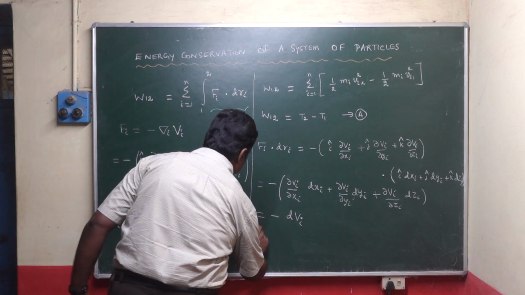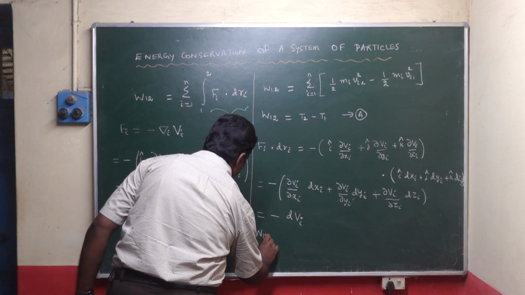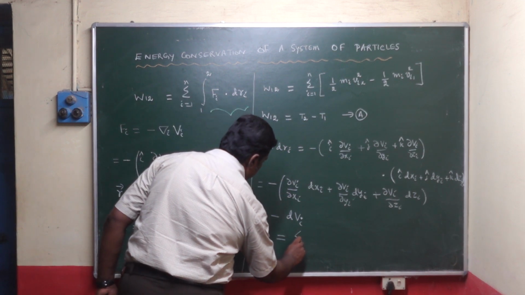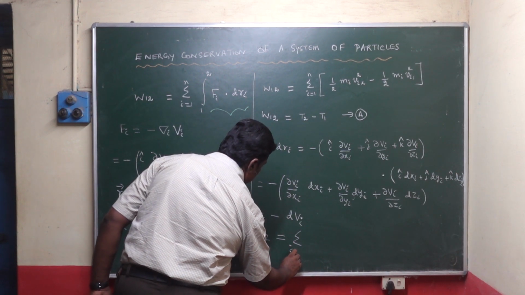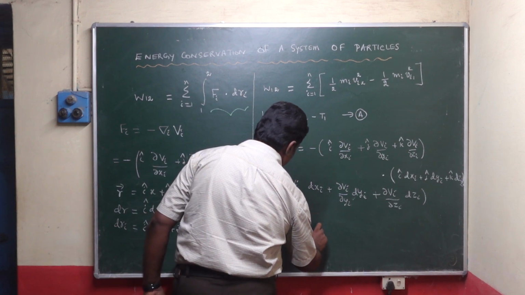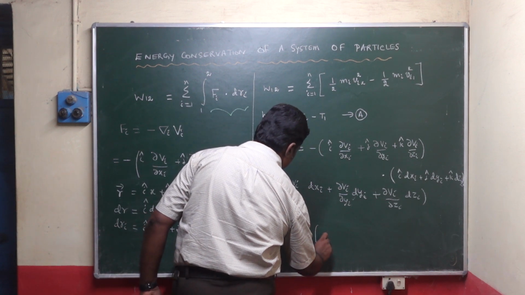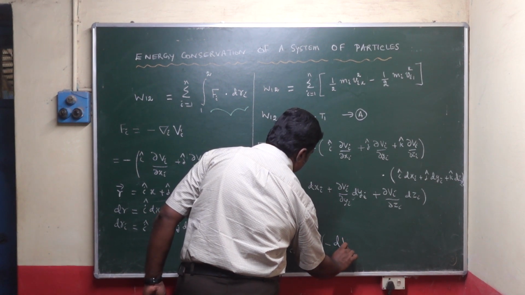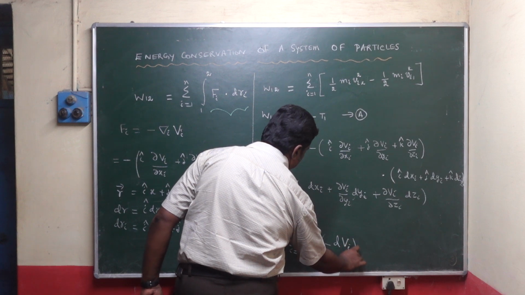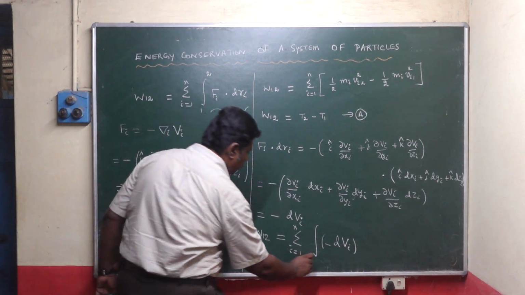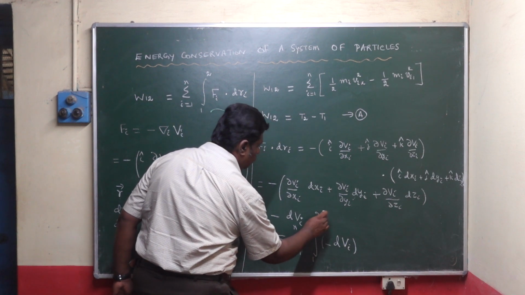Now W12 is equal to summation i = 1 to n, integral of minus dVi. Here V is our potential. Limit varying from 1 to 2.